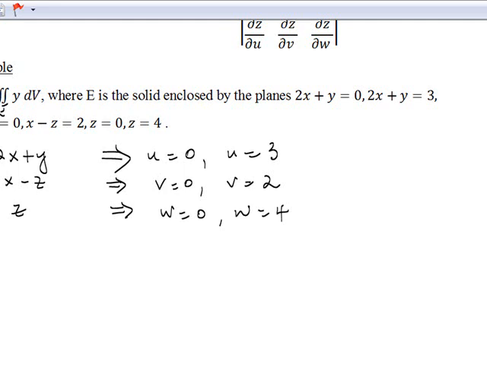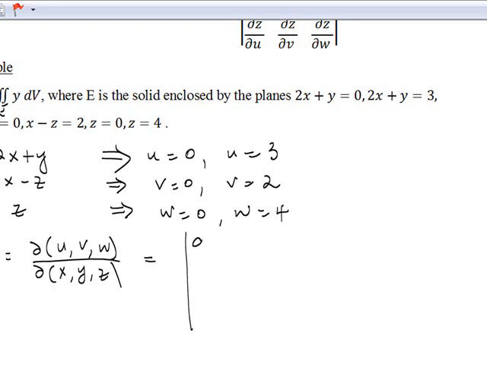Now let's find the Jacobian. We are going to use 1 over J because we have u, v, and w in terms of x, y, and z. So 1 over J is the partial of u, v, w over the partial of x, y, z, which is the determinant: partial u, partial x, partial u, partial y, partial u, partial z. So put all the u's in one row.